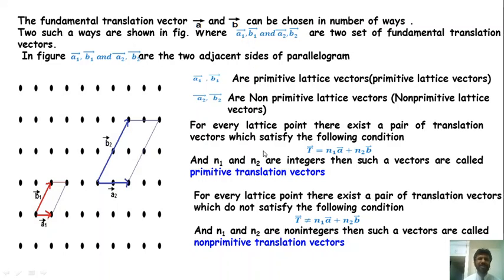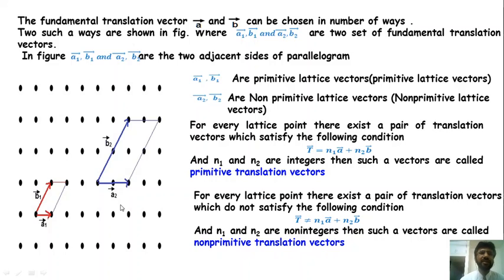That means if we consider any space lattice, then in that space lattice these fundamental vectors A and B can be chosen in different ways. Now two such ways are shown in this figure. Here in figure one, this is A1 and B1, and in the other figure A2 and B2 are the two sets of fundamental vectors.